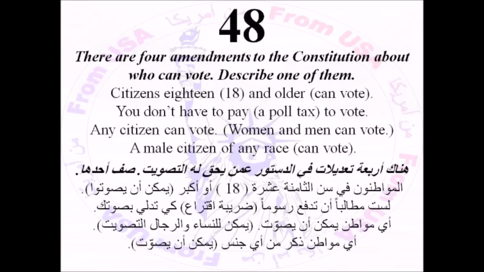You don't have to pay a poll tax to vote. Any citizen can vote. A male citizen of any race can vote. So these are 4 amendments. You only have to remember one of them.